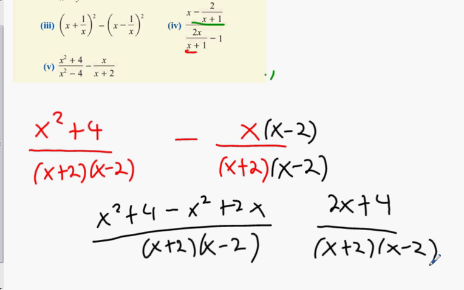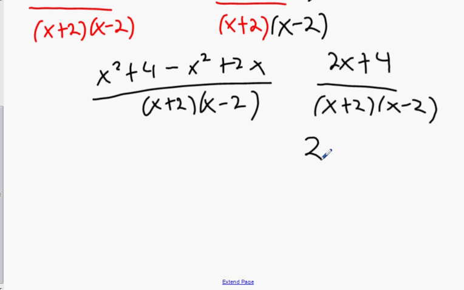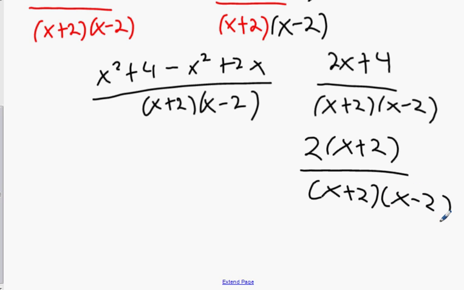We finished, right? Done? Anybody get that? There we go, we're not done. No, that's not fully factorized. 2 into x plus 2 all over x plus 2, x minus 2. Cancel. 2 over x minus 2.